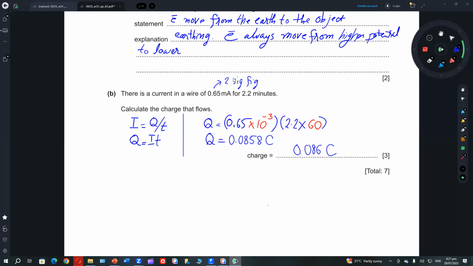If you're getting a different answer, we can check it back. There's a totally different answer here. Let me check the calculation for you.